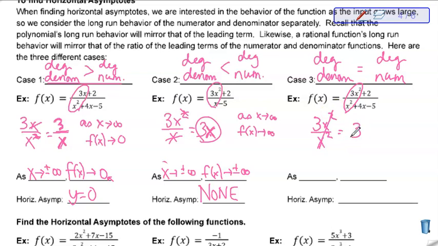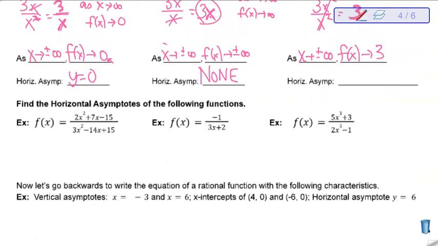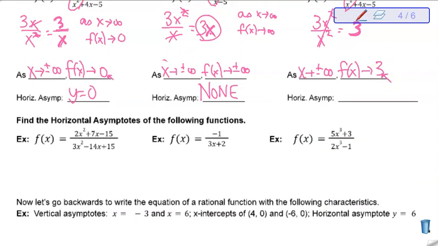So no matter how far I go in the plus or minus, this number will never change. So as x goes to plus or minus infinity, in this case, f of x is always going to 3. Therefore, our horizontal asymptote is y equals 3.